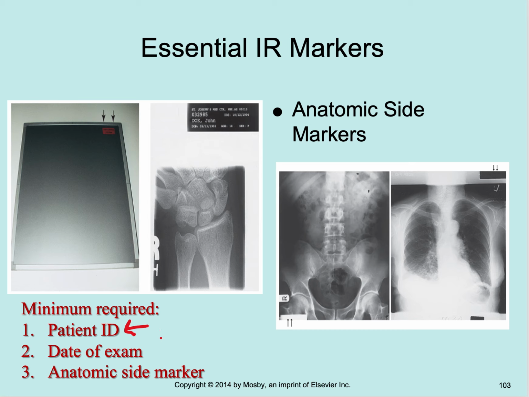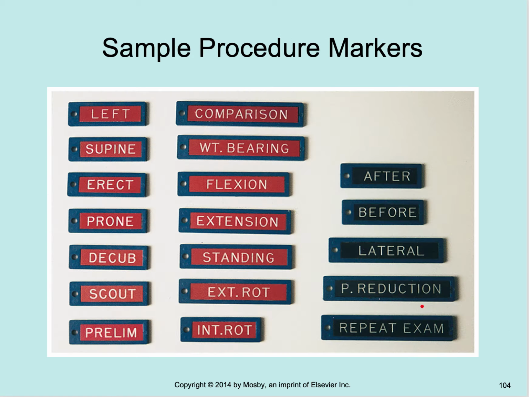Your date of your exam will be digitally expressed on that film. But your anatomic side marker, that is something that you need to place on the image. So you know that you are on the correct side. So the radiologist can see the anatomic marker for the correct anatomic side.